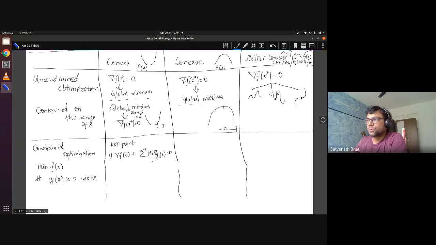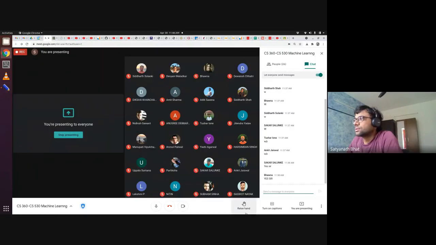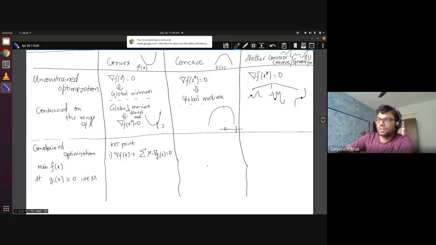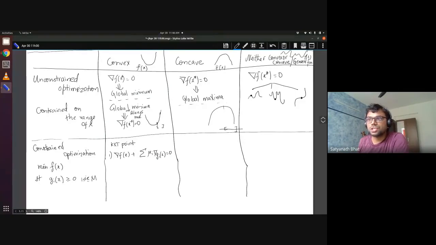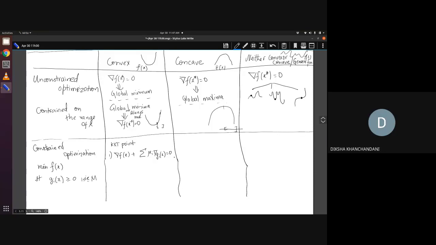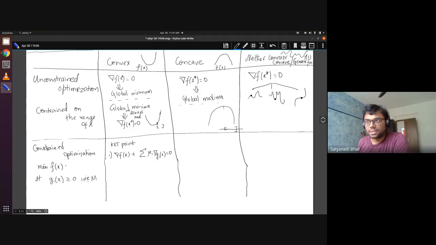Is there anyone who is not taking optimization here? Diksha, if we change this minimization to maximization, will you be able to come up with the equivalent condition? Sign changes, correct.